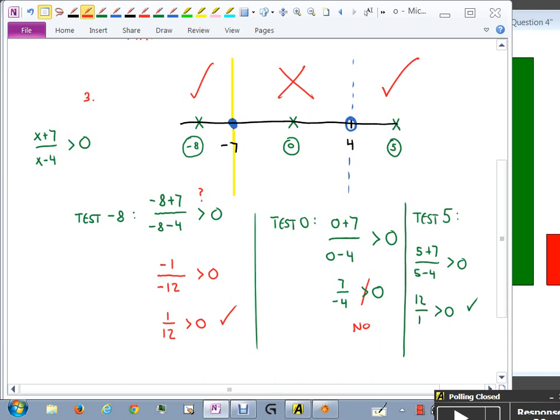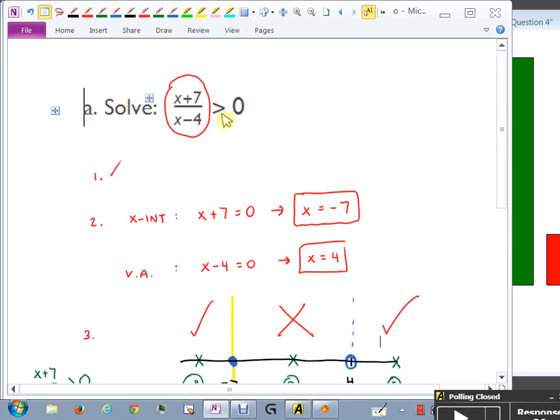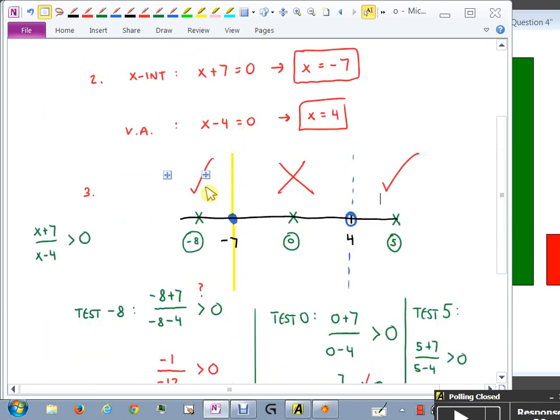Now let's get to the answer, right? What we wanted to know was when this thing was strictly greater than 0. What I know is that anything over here works, to the left of -7. What about -7 itself? No, because there my function is 0, isn't it?